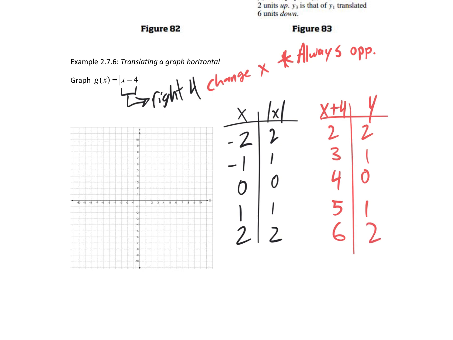And when we graph this, you'll see it's a little bit of a different looking thing. So here's my original one. And if we shift it to the right 4 spaces, we'll see what this one looks like.